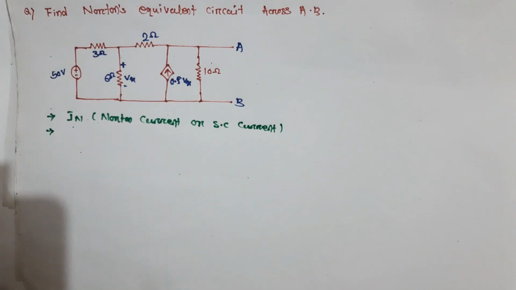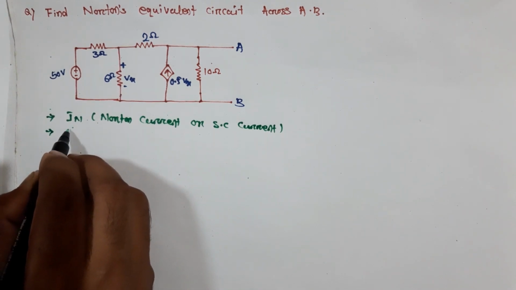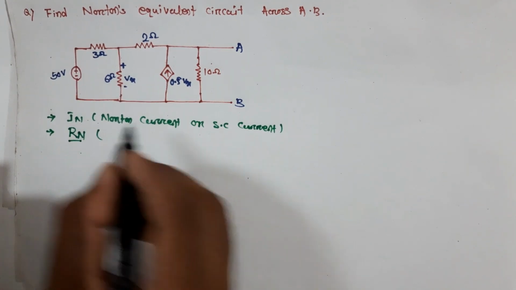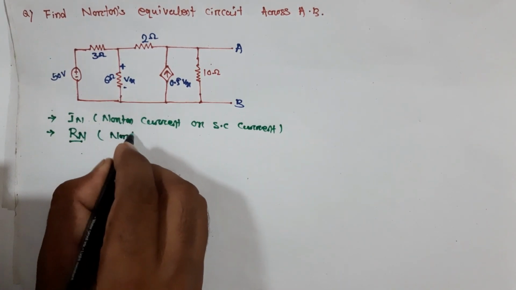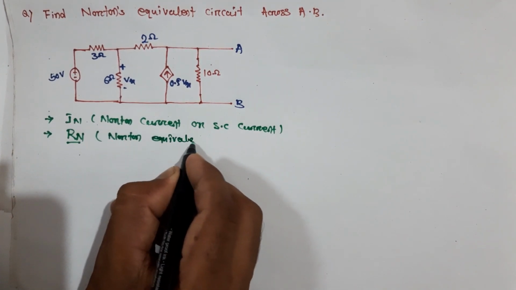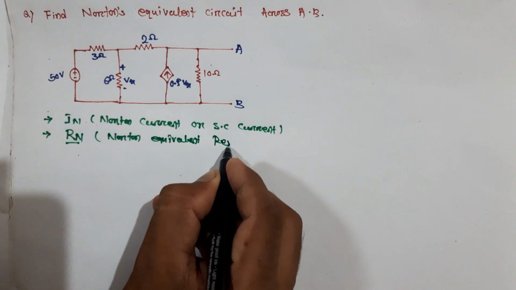Another element needed is the Norton equivalent resistance, RN.